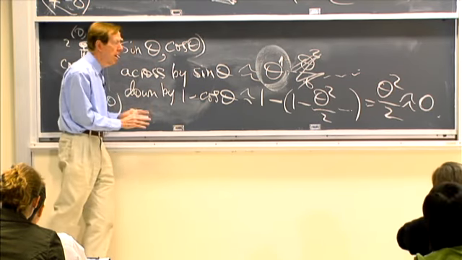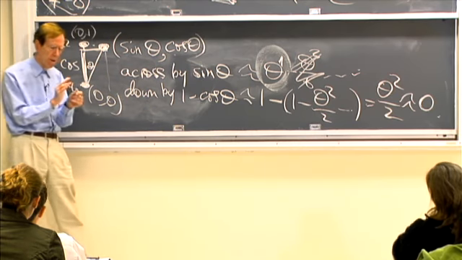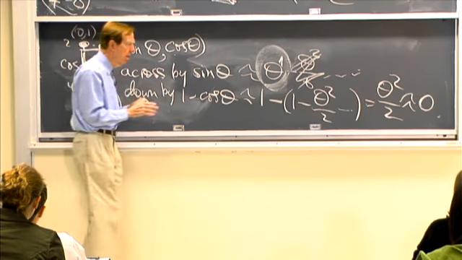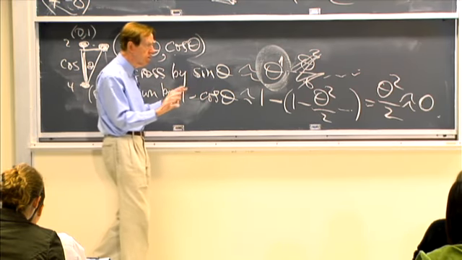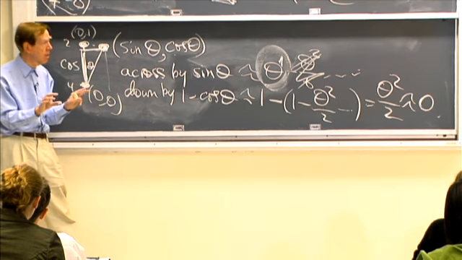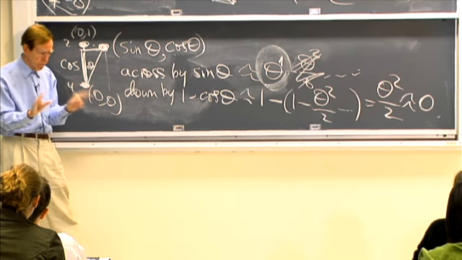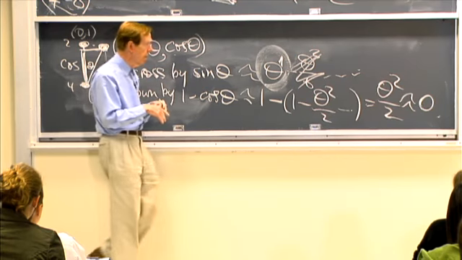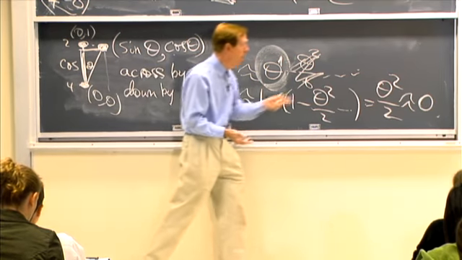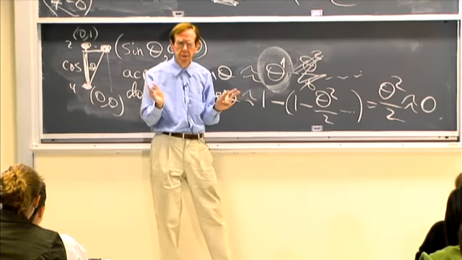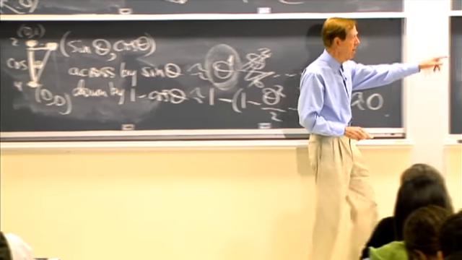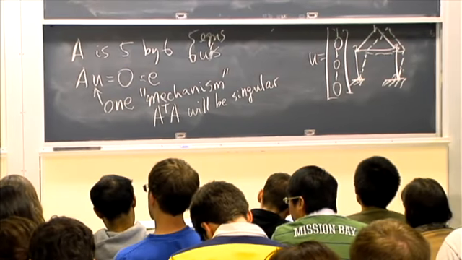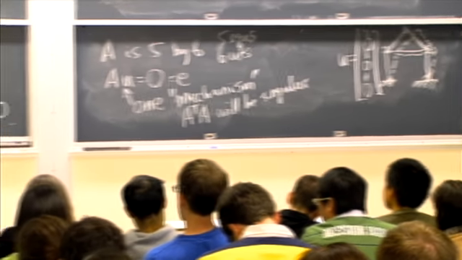And I don't want that, and I don't need it. I mean, finite elements, structures, bridges, whatever, your first hope and expectation and calculation is small theta, linear problem. So to a linear person, theta squared is 0. That's why those guys are 0. Okay. So that's an assumption we'll often see.